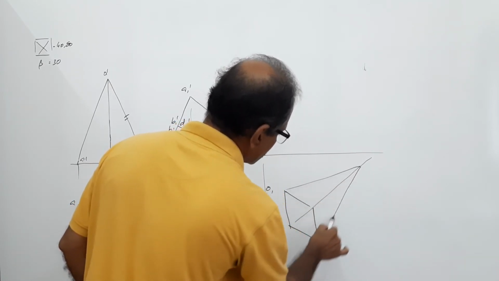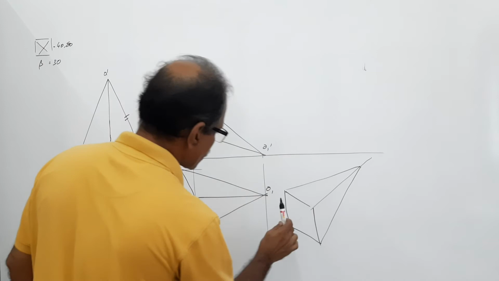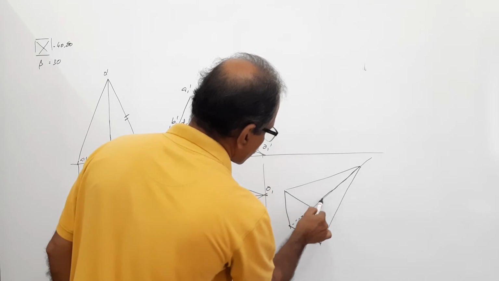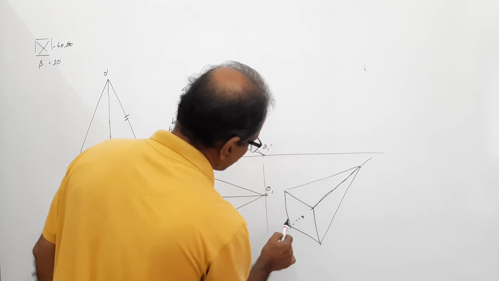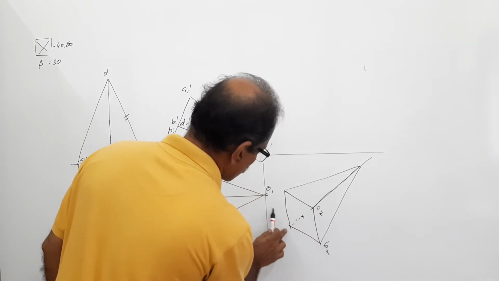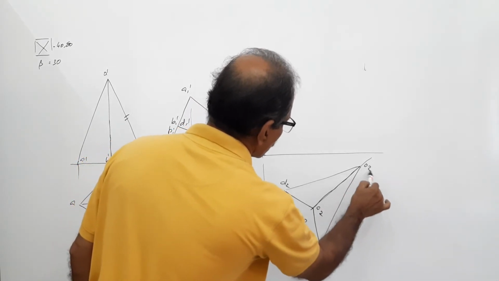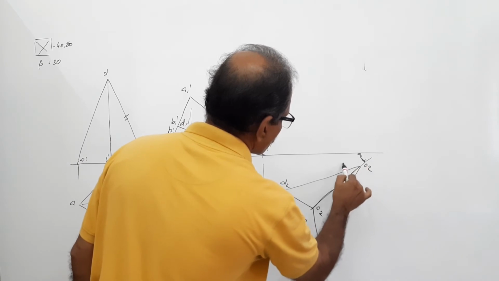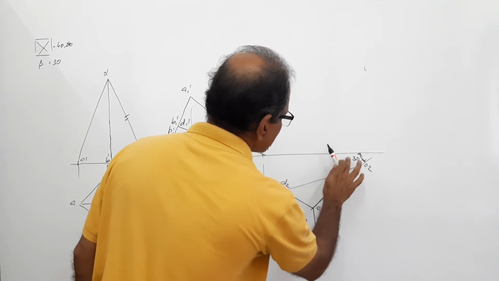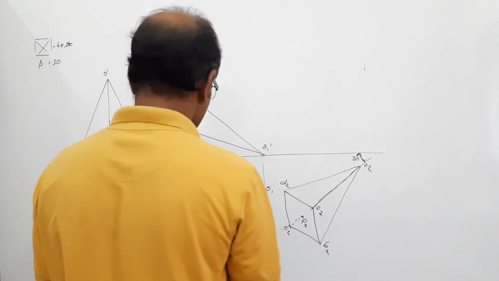Mark the dimensions. A2, B2, C2, D2, P2, O2. Okay, I simply write 30. Draw vertical projectors up.